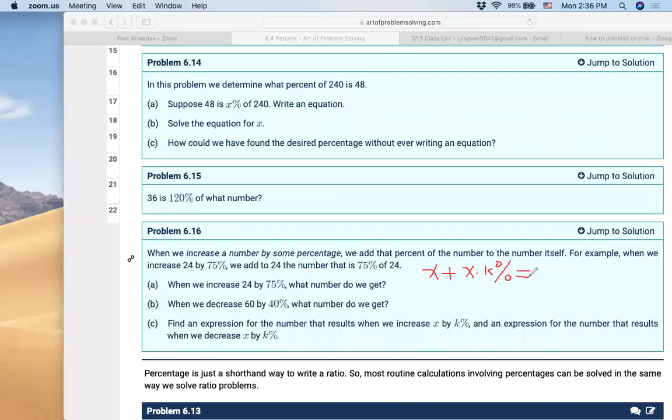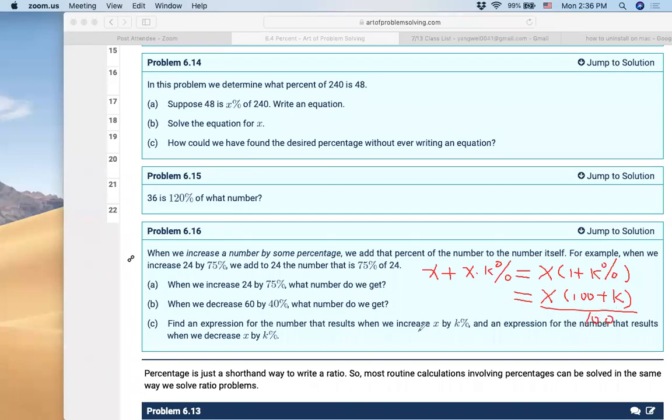We have a common factor x, so we take x out: x times (1 plus k%). You can also write this as x times (100 plus k) divided by 100.